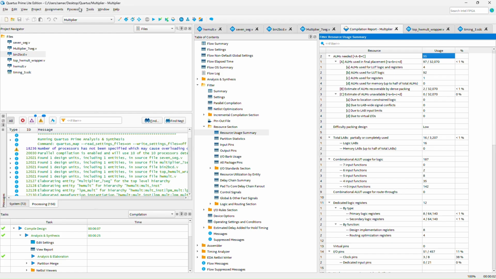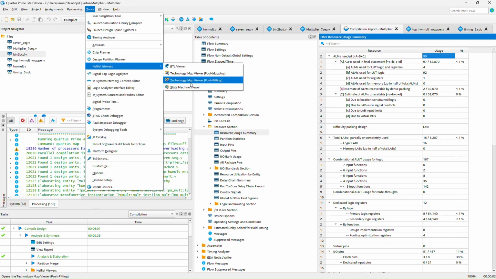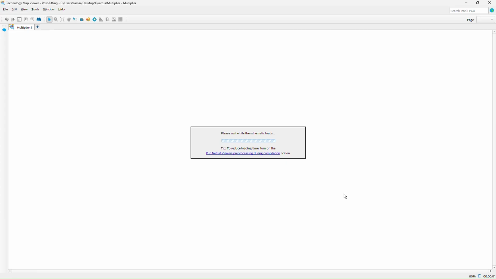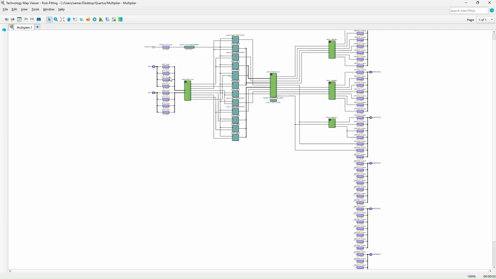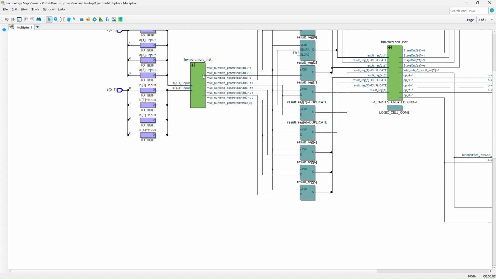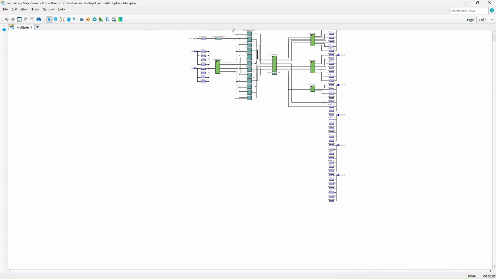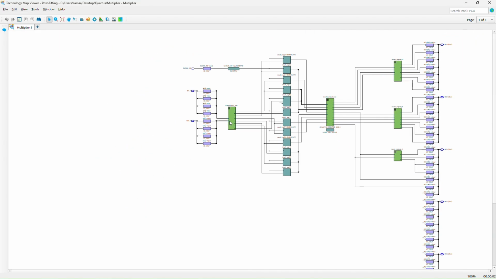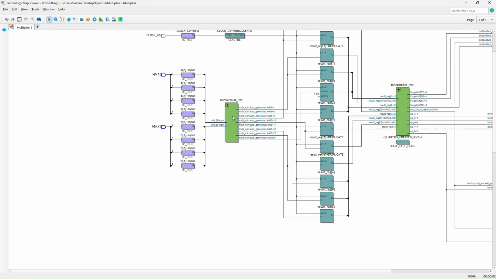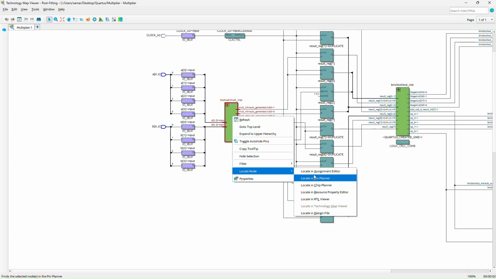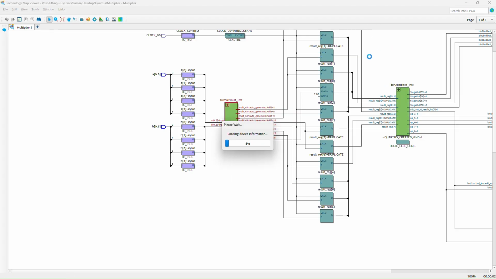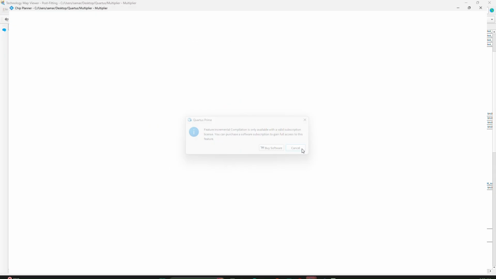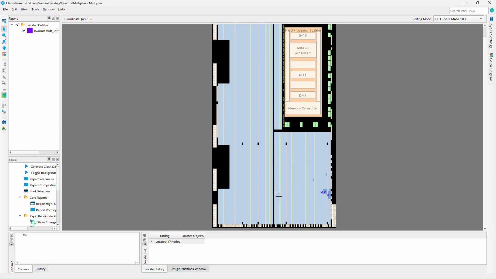Now let's at the same time look at the chip planner. This is post fitting. You can see it's pretty much the same thing. It just shows how it's been implemented on the FPGA. Now we could again go ahead and look at how this whole thing is being implemented on the chip. As you can see, this is the chip, the FPGA board.